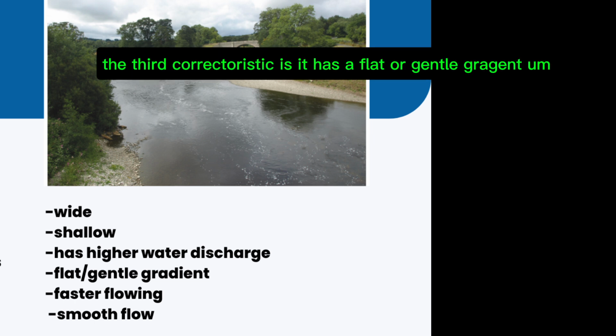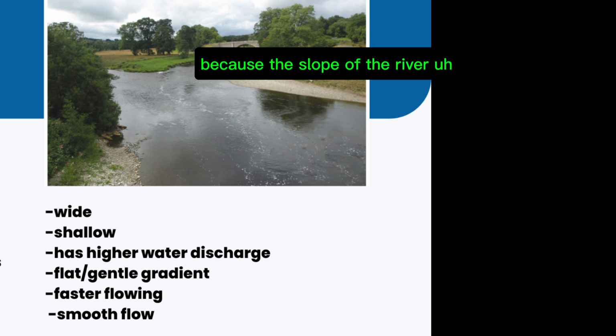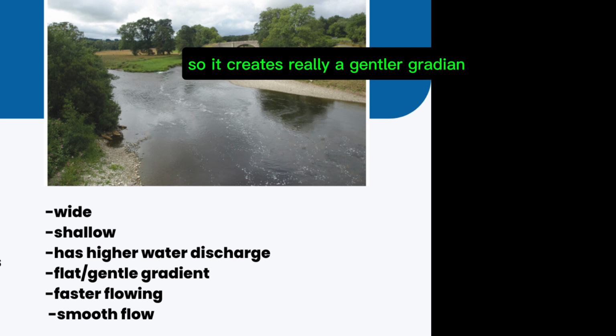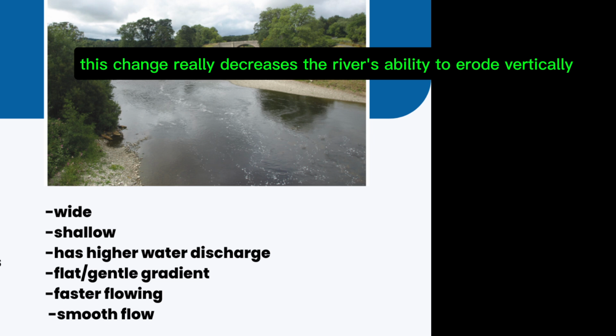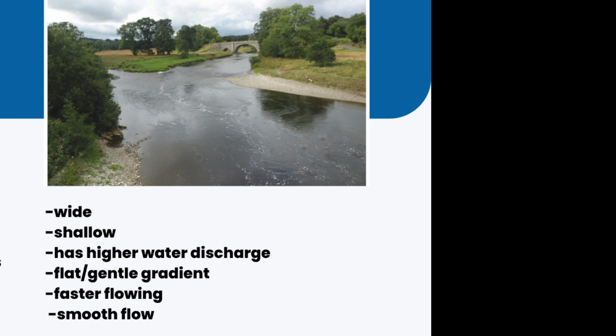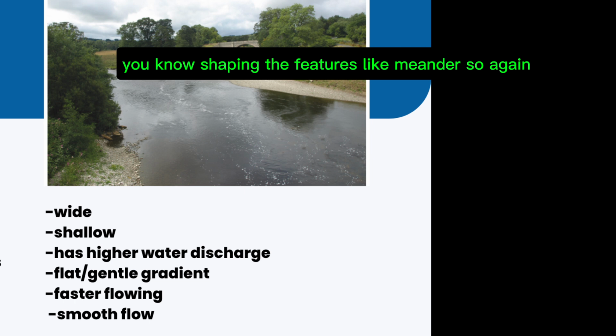The third characteristic is it has a flat or gentle gradient, because the slope of the riverbed becomes less steep in the middle course. So it creates a gentler gradient. This change decreases the river's ability to erode vertically and shifts the focus to the other erosion, shaping features like meanders.